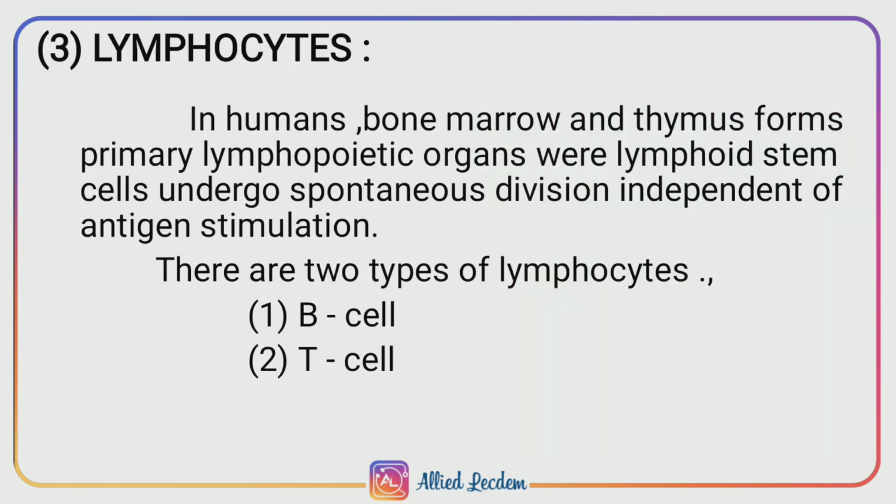Lymphocytes. In humans, bone marrow and thymus form the primary lymphopoietic organs where the lymphoid stem cells undergo spontaneous division, and it is independent of antigen stimulation. There are two types of lymphocytes, B cell and T cell.